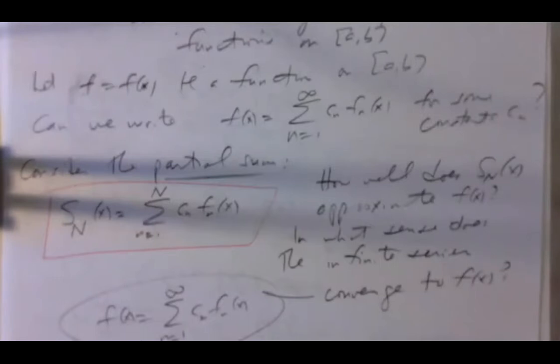The text gives 3 different ways to understand, or 3 different kinds of possible convergence, each of which is important, and I will describe them right now.